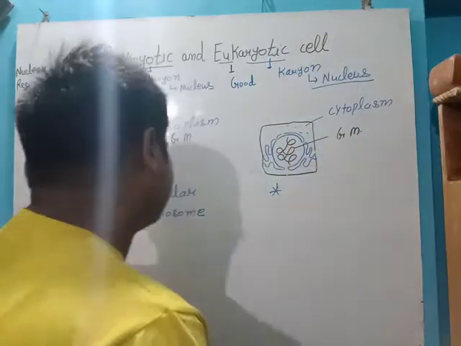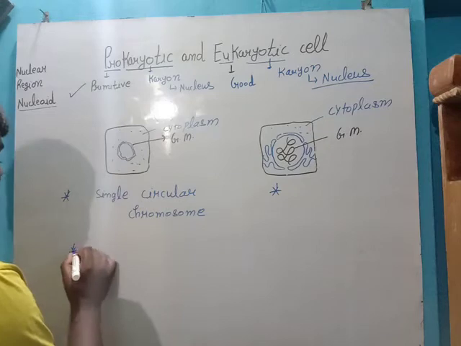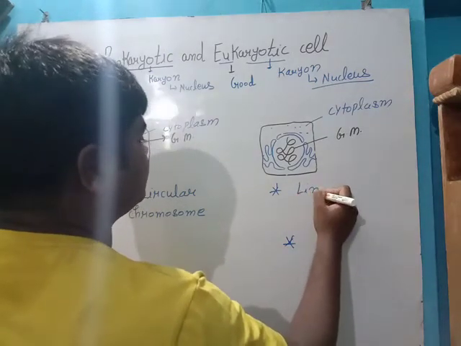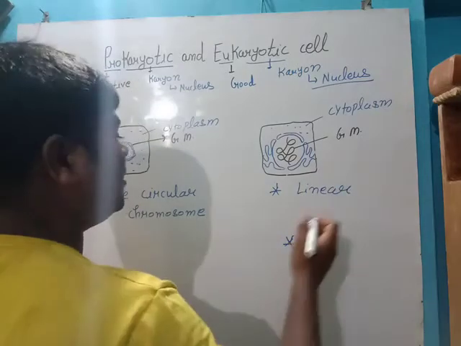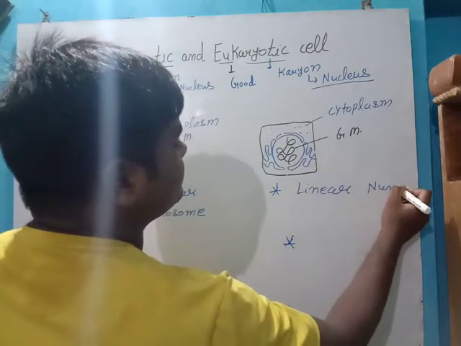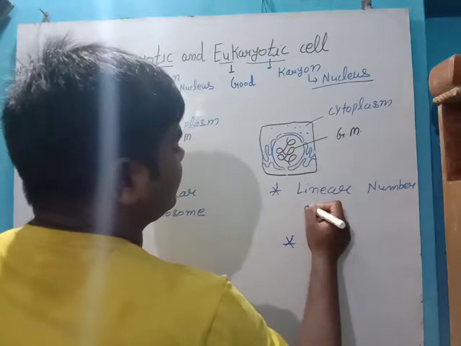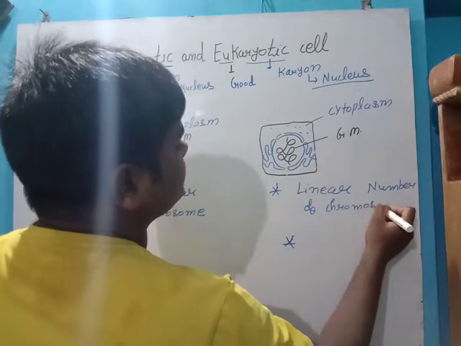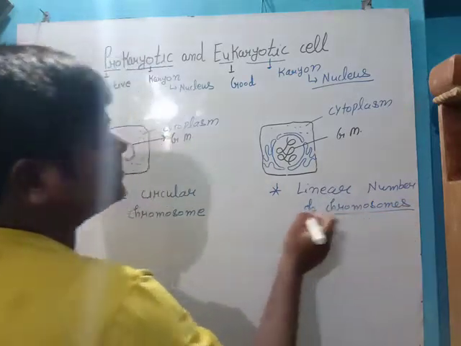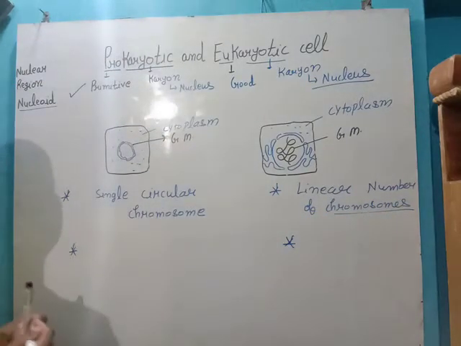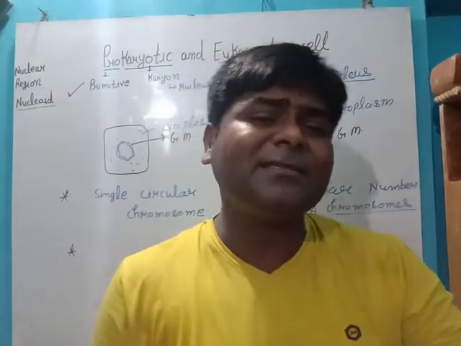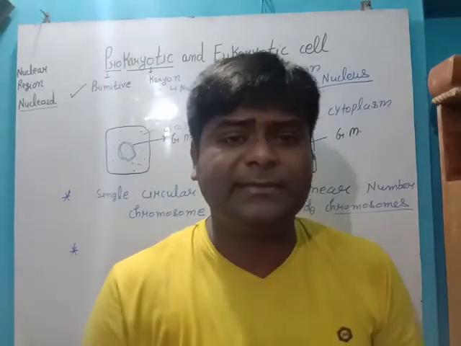Next, in eukaryotes we have linear chromosomes, and the number of chromosomes can be more than one. When we take the next point, we have to understand that cells have many cell organelles.